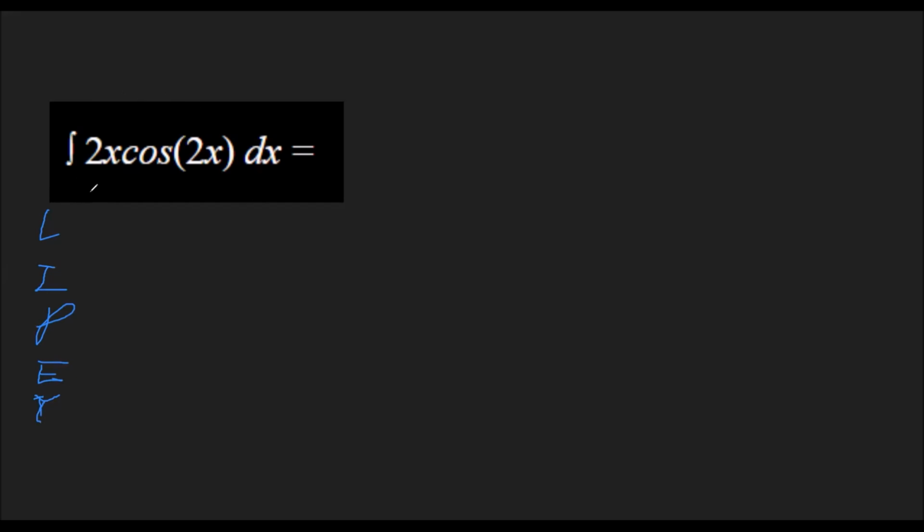All right, so let's divide this into two functions first. You'll notice we have 2x, and we have cosine of 2x. Now, there are no logarithmic functions here. There are no inverse trig functions. There is a parametric function, 2x. So 2x is going to be our u, and cosine 2x dx is going to be our dv.